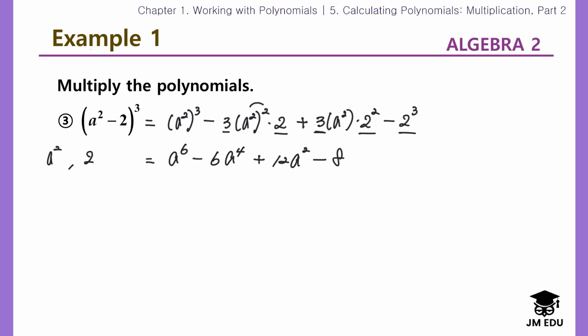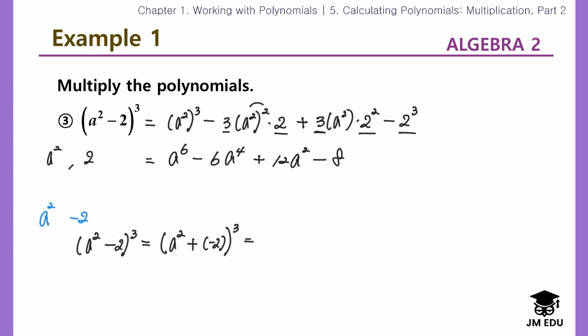The second method is if we let the first term be a square and the second term be -2, then all of these terms will be positive. Let me write with a black pen. We have a square minus 2 cube, and I'm going to rewrite this as a square plus -2 cube.